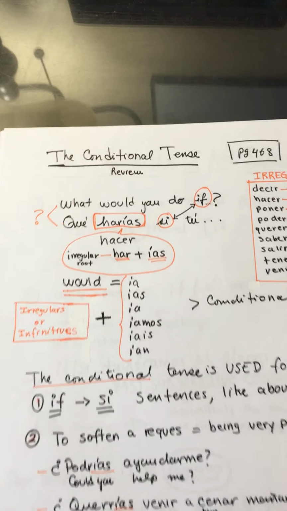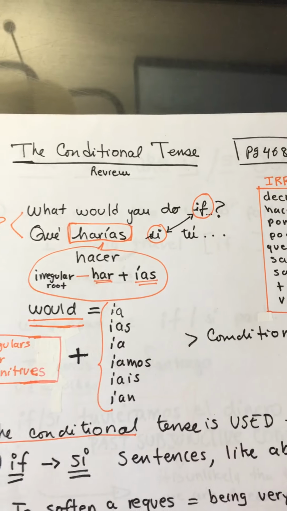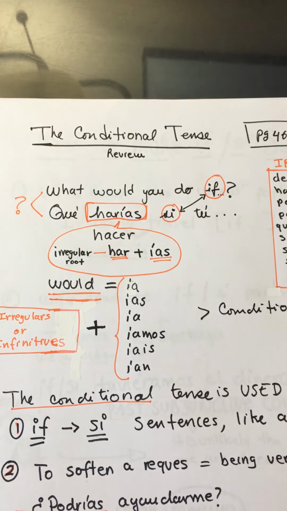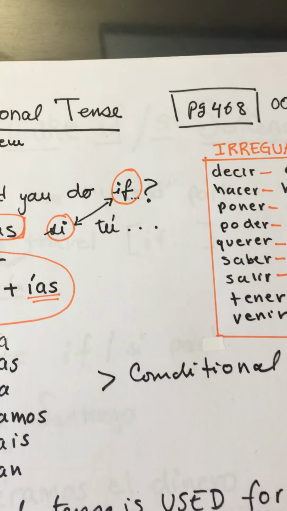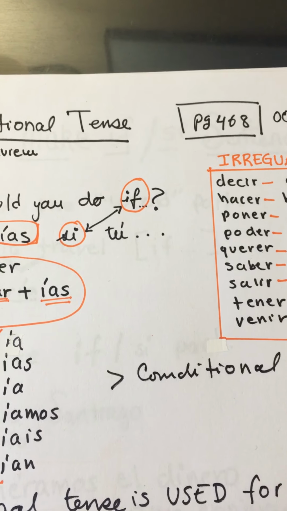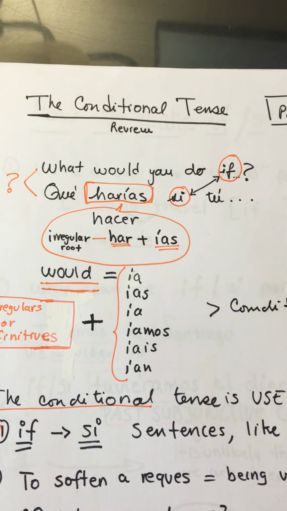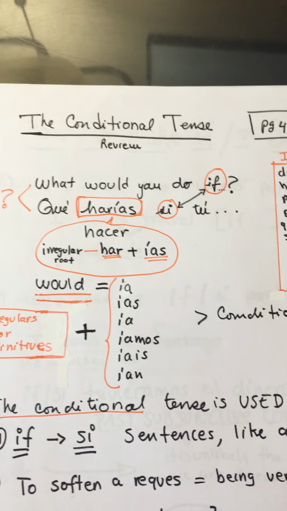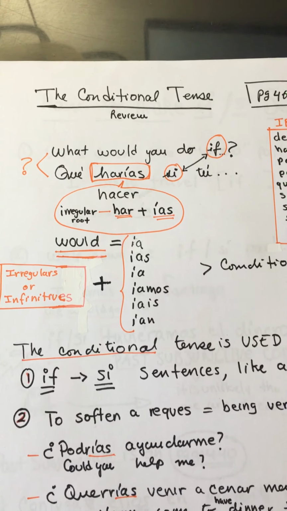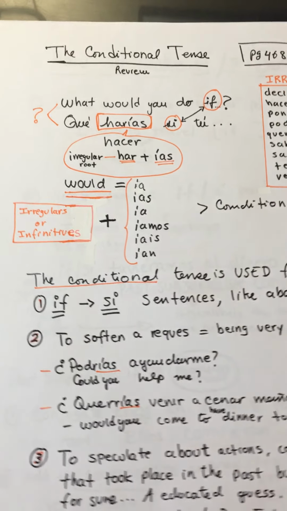So this is a hypothetical question. What would you do if... we still don't have the if part. We need to complete this idea, but like in Spanish, ¿qué harías si tú blah blah blah? That part we will study right in the next minute.